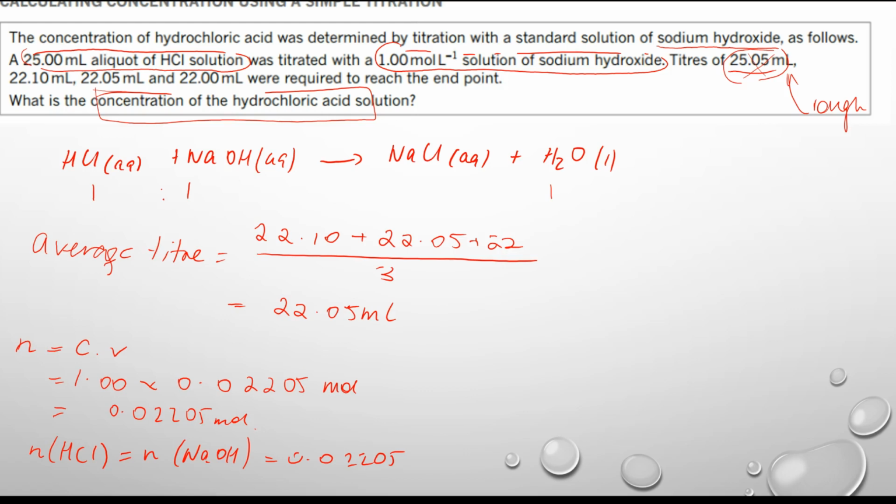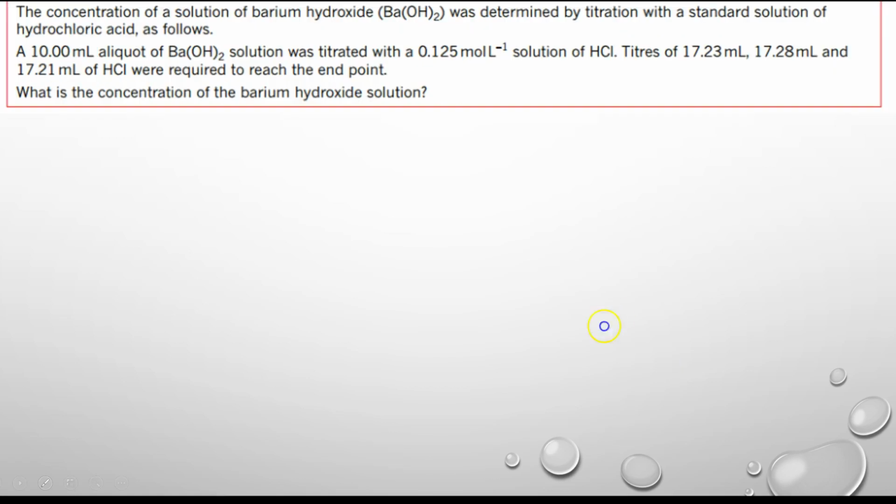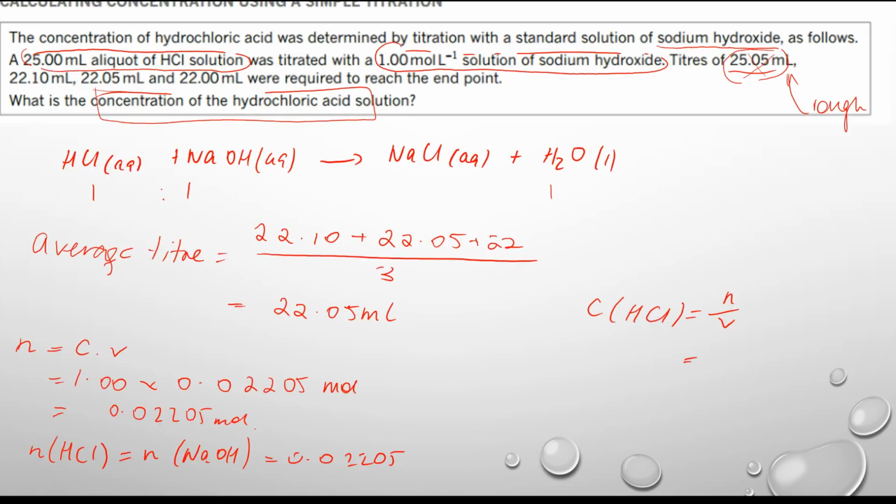So knowing now that the moles of HCl is the same as the moles of NaOH, we can now calculate the concentration of our HCl. So our concentration of HCl is equal to n over V. We know the moles, which is 0.02205, and we know the volume that we had in our solution, which was 25 mLs.